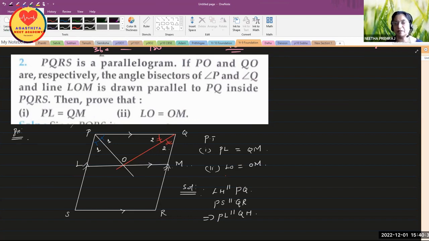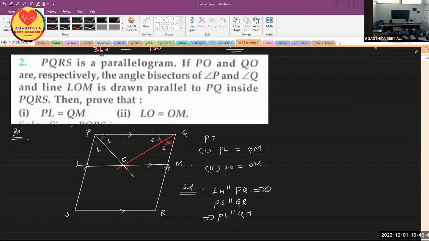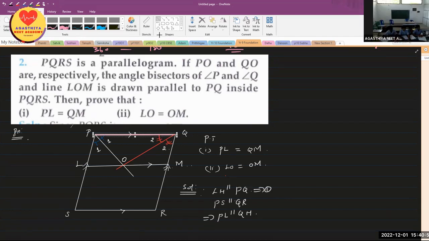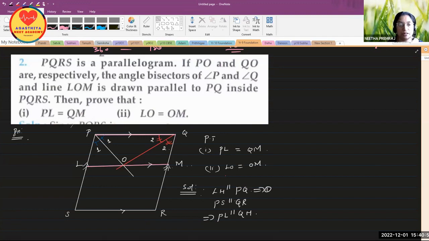So opposite sides. Now you consider this. These two lines are parallel to each other, and these two lines are parallel to each other.